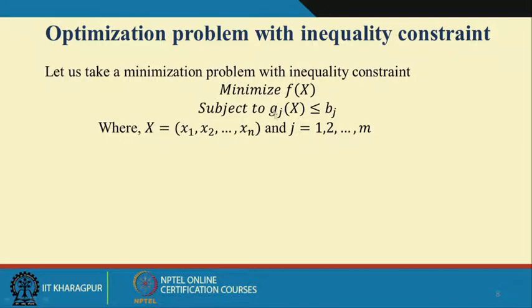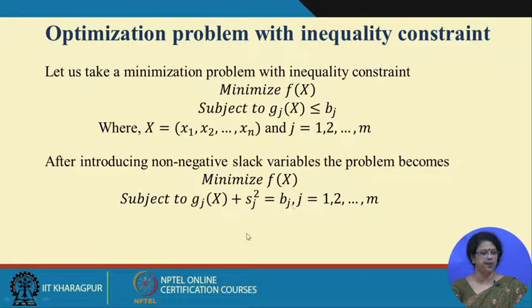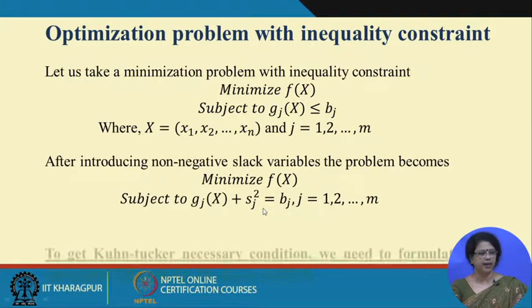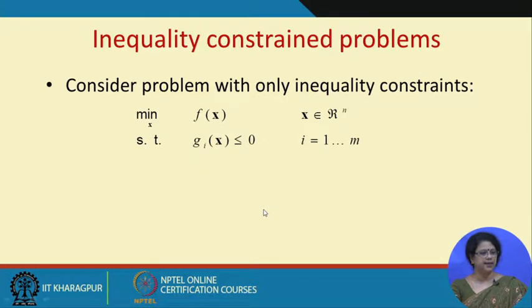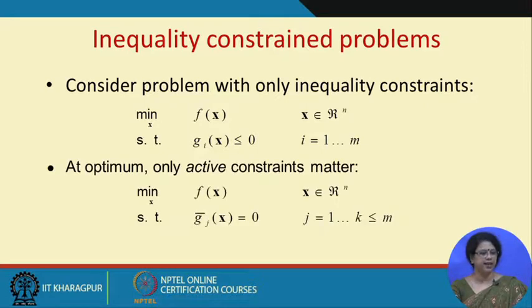Now if we move again to the KKT condition, if we consider the minimization problem, minimization of f(x) subject to gj(x) less than or equal to bj, as I said, we can say the KKT conditions can be defined. Here we are again considering there is a set of active constraints and a set of inactive constraints.